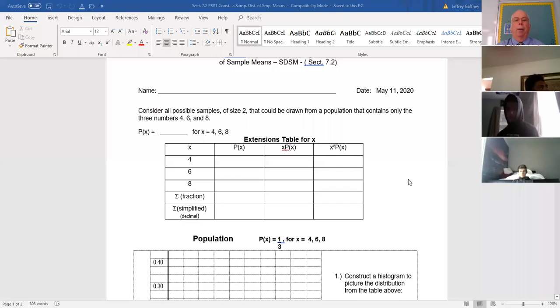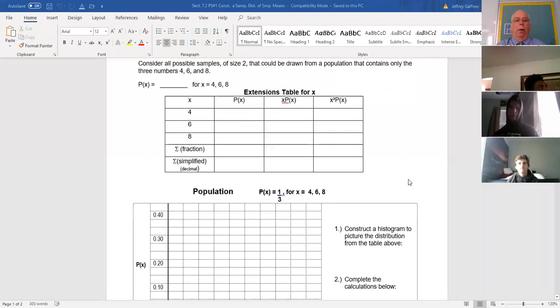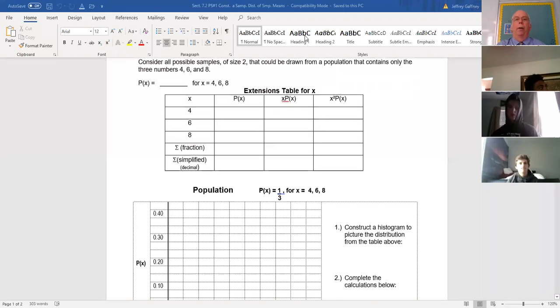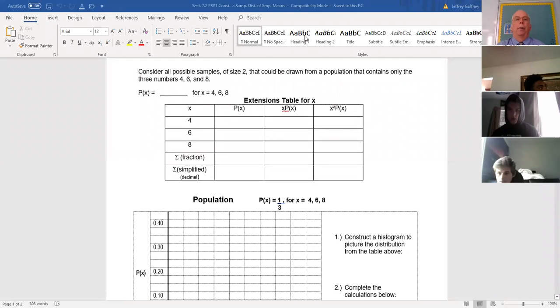All right, so I'm going to walk you through a couple of things here. It's real similar to what we did in class on Monday. We've got a population with three numbers, 4, 6, and 8. If I drew one of those numbers out of a hat, the likelihood of one of those numbers occurring is 1/3, right?